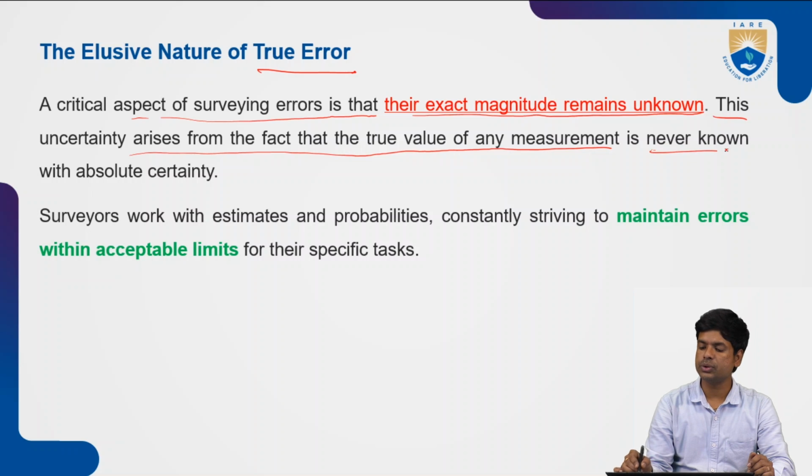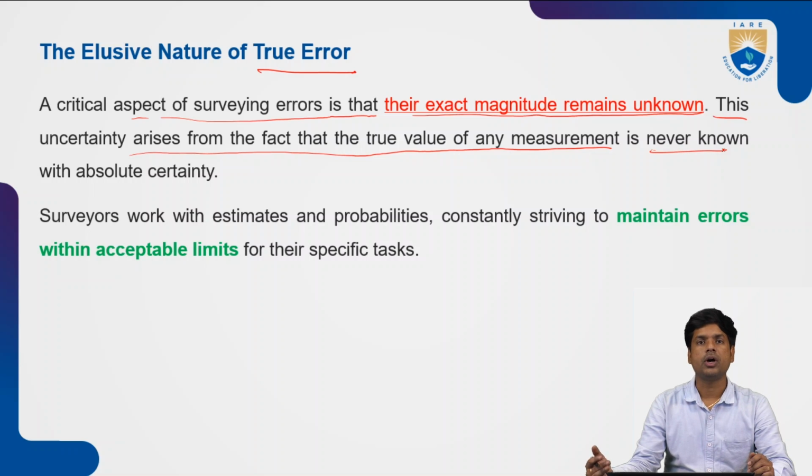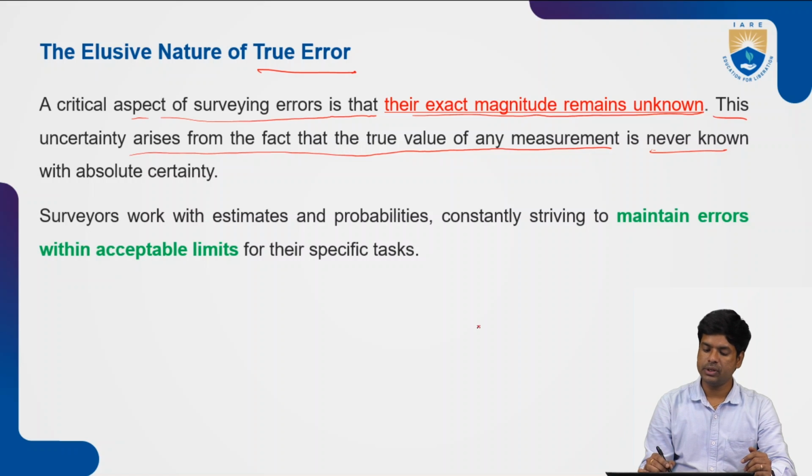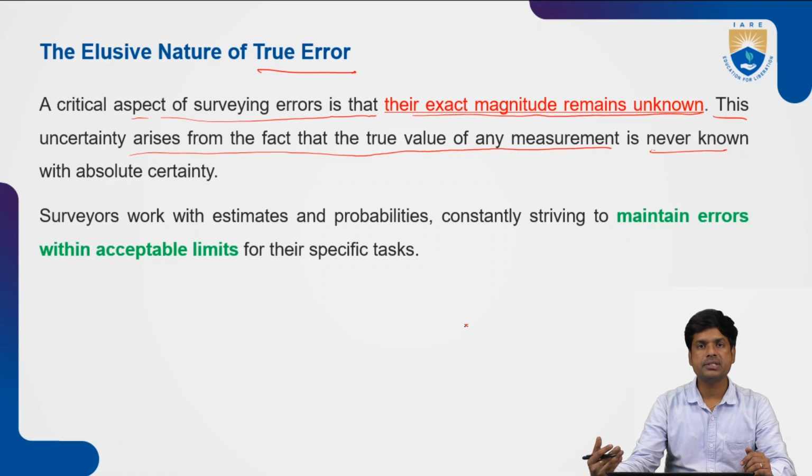We will not know the true error of any particular object. Some people will measure in a different way. They will use the same equipment, but while doing the surveying, you may get small errors. That is why it is very difficult to measure the true error.